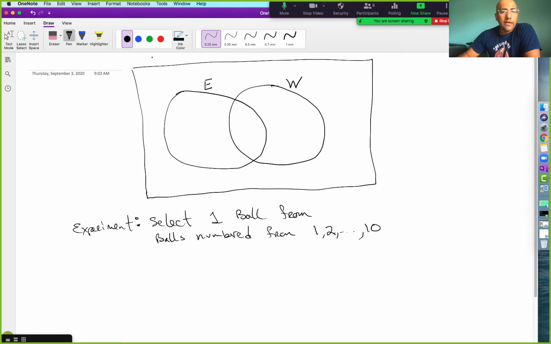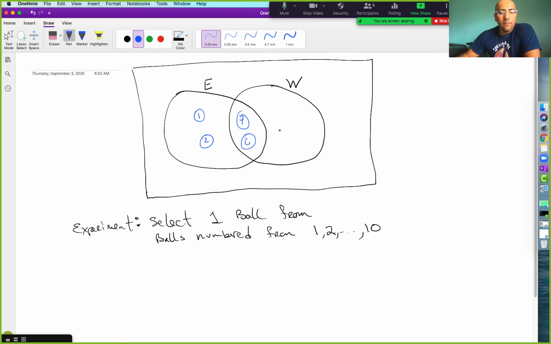Okay, so let's say that I'm event E. I'm going to put some money down that the little ping pong ball is going to be the number 1, or the number 2, or the number 7, or the number 6. 1, 2, 6, 7, that's what I think is going to happen.